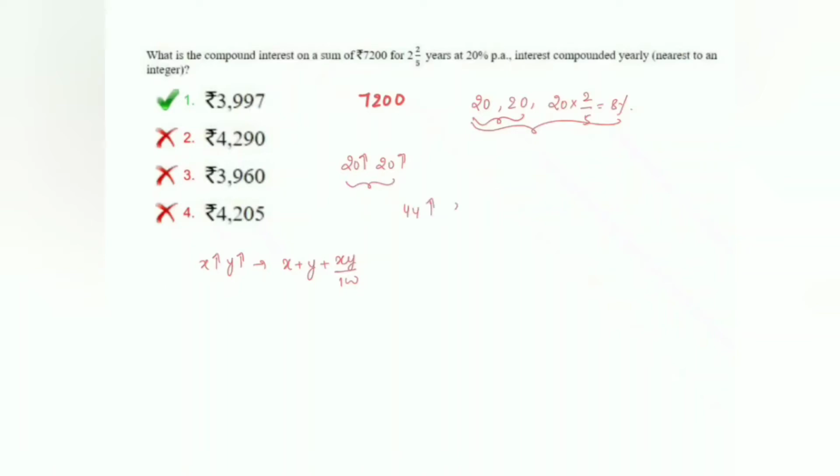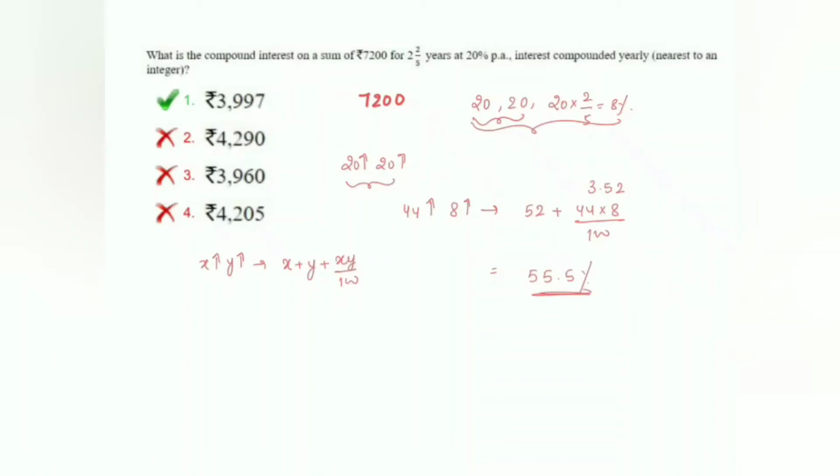And 44 along with 8 increase, I would say 44 plus 8, 52, plus 44 into 8 by 100. That is 352, which means 3.52. This .02 you leave it. So I can say it is 52 plus 3.5. I can take it as 55.5%.